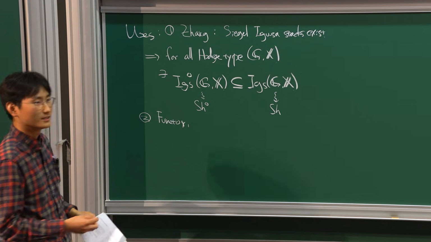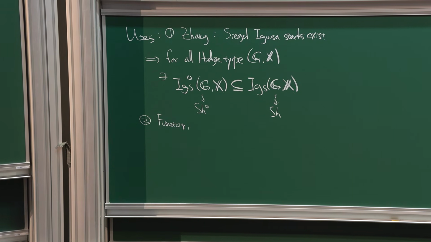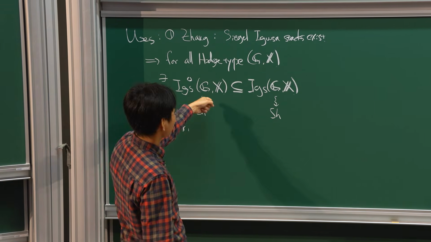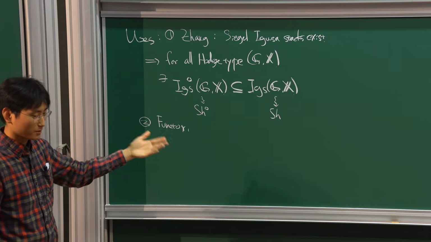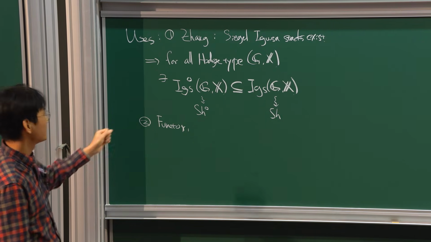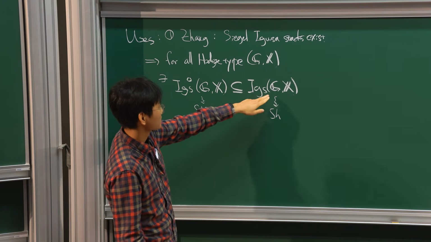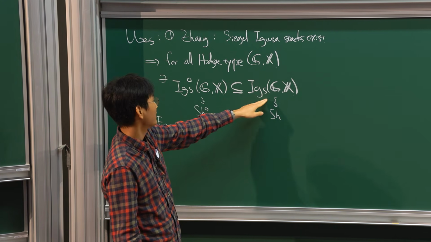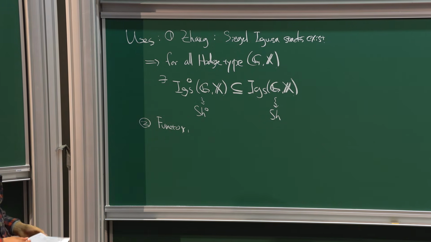Wait, so Zhang only constructed the good reduction locus, but then she also constructs it. So the way this goes is she also constructs it for minimally compactified things for GSp at least 4, and then you can remove the boundary, so you get these things for GSp at least 4, and every Hodge type embeds into GSp at least 4.